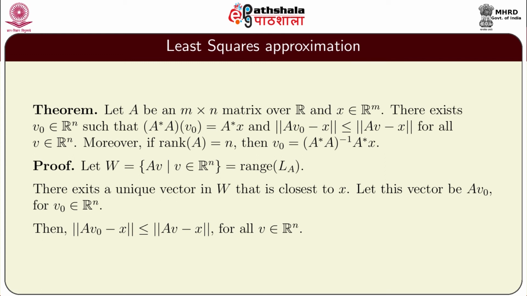Proof: let W be the set of all AV with V in Rn, which is nothing but the range of that operator LA, which is the left multiplication operator. Now, we know that there exists a unique vector in W that is closest to X. Let us call this vector AV0 for V0 in Rn, and then norm of AV0 minus X is less than or equal to norm of AV minus X for all V in Rn.